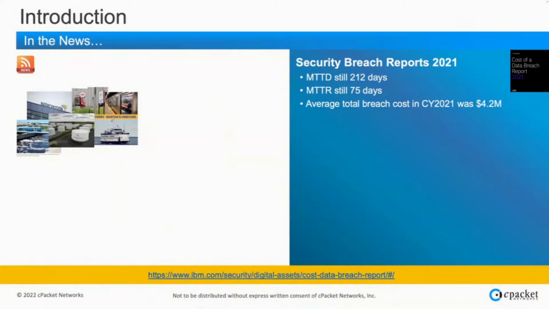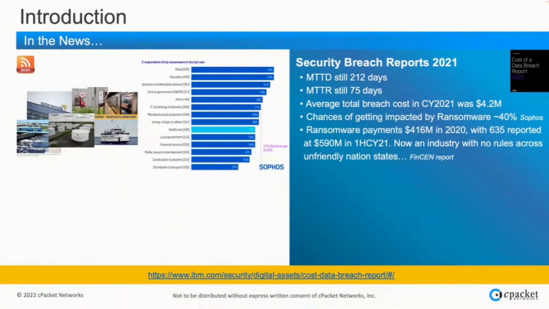That's been a little worrying, as the reports are now definitely trending the wrong way, including the cost of breaches, the risk of getting impacted by ransomware going up, and the cost of dealing with the security issues.